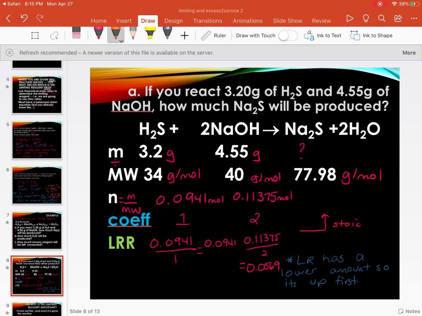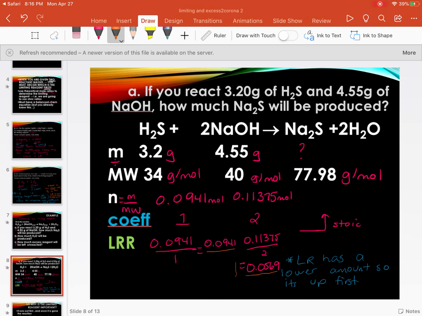So this limiting reagent ratio is different because the coefficients are different. Every time a reaction occurs, you need twice the amount of sodium hydroxide. So just looking at the mole amount doesn't give us a complete idea about what's happening in the reaction. If you get rid of the coefficients, you have 0.0941 of hydrogen sulfide, but only 0.0569. So the lower amount is going to be used up first.